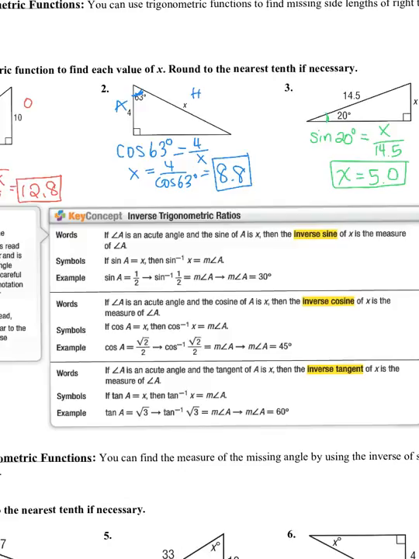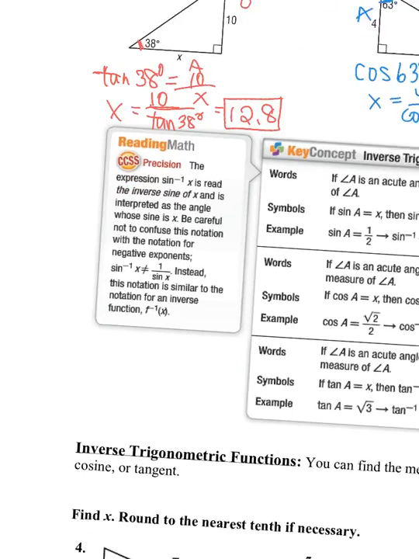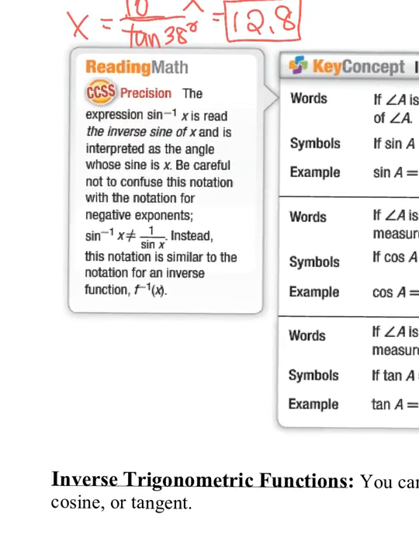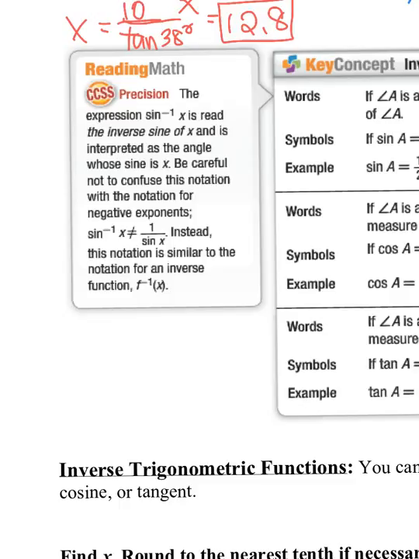These are used to find the angle that gives a certain ratio. First thing, I don't want you to confuse this with a reciprocal function. That's a very important distinction. This note on the side here is talking about how inverse functions are not the same as reciprocal functions.